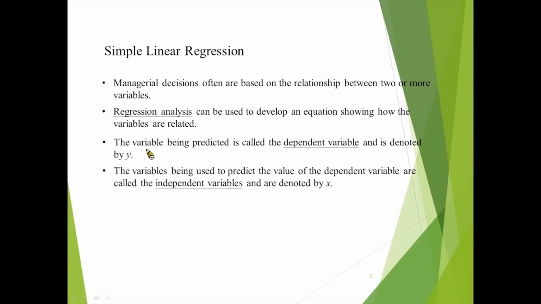The variable being predicted is called the dependent variable and is denoted by y. The variable being used to predict the value of the dependent variable is called the independent variable, and we denote it by x.